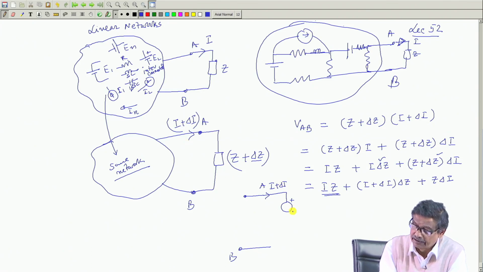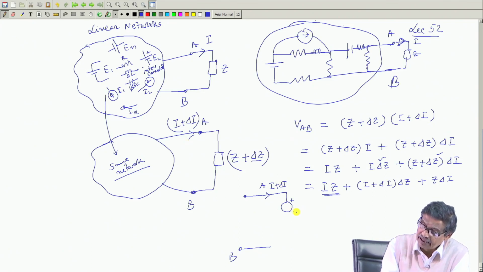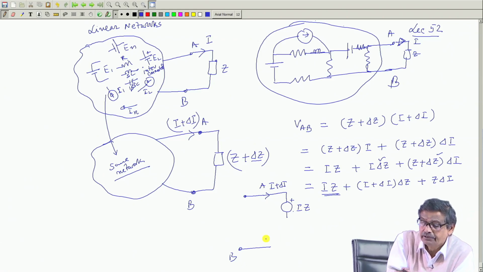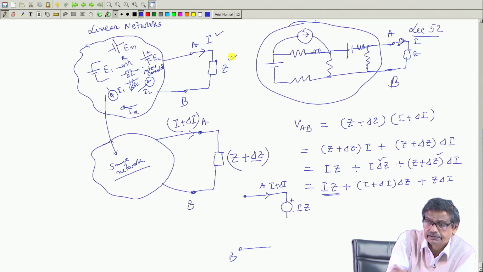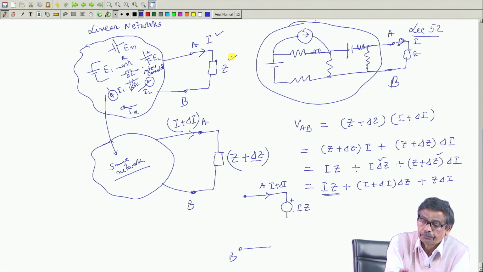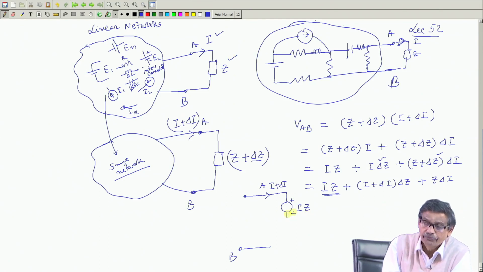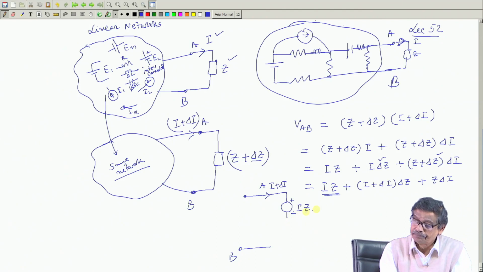From this network only I am drawing. Then I am telling that here is a battery of magnitude I Z. Do I know this value? Yes, you have given me the value of I and Z. Earlier I told you in the statement of the problem, I know the value of I when Z is connected. So, I can replace that impedance by a voltage source with the help of substitution theorem, that is what I will do.